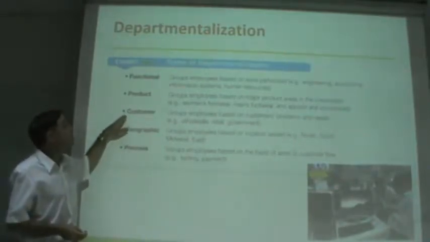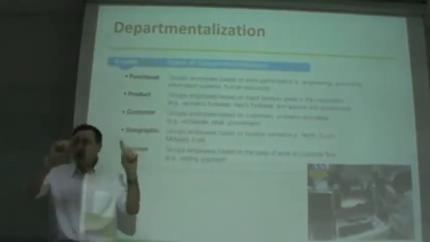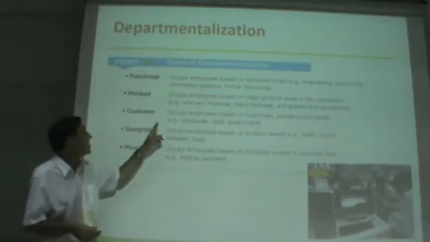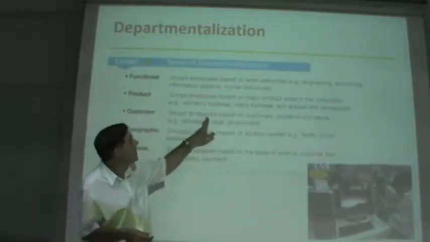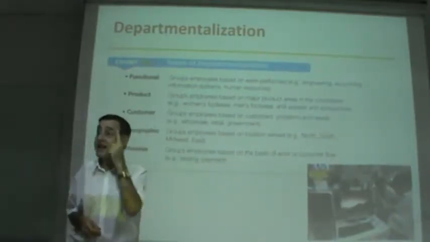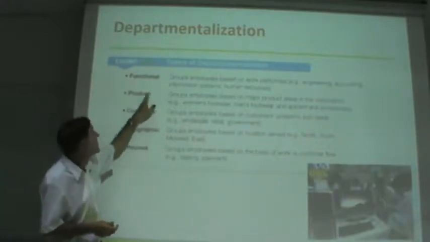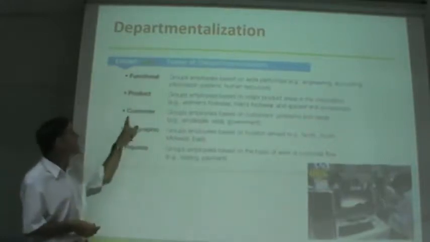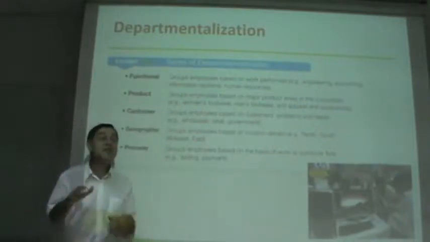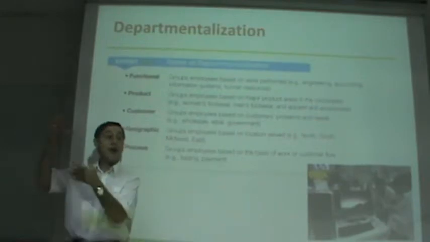Sometimes it will be based on customers. So the whole departments will be based on different customers. And you see, these are good group of employees based on customers' problems. In a sense, graduate and undergraduate division is based on the product, but in another sense, graduate and undergraduate division is based on a customer. Undergraduates have completely different needs and all the other things from graduates.